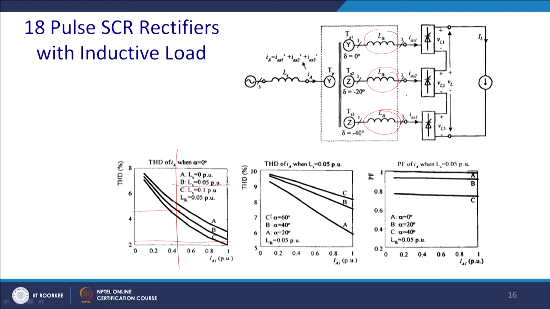The problem in this case is with all these multi-pulse converters. Okay, let us close this discussion first. For alpha equal to 60 degree, again this is a C curve, and you get a THD close to 7% for the full load. If alpha equal to 20 degree, then you get around 6%.